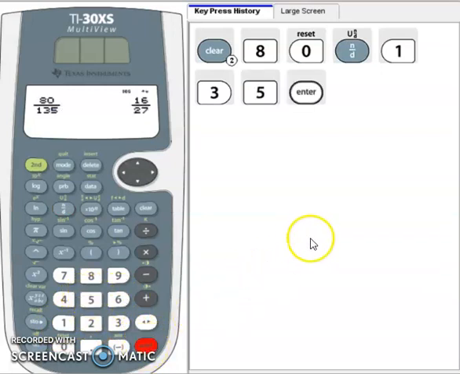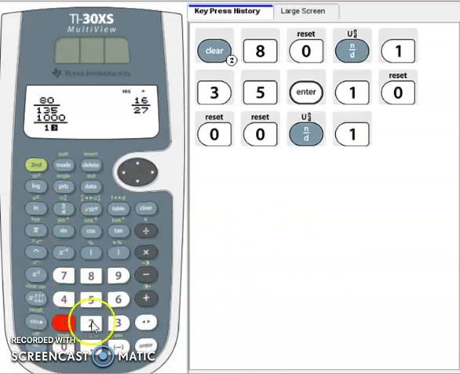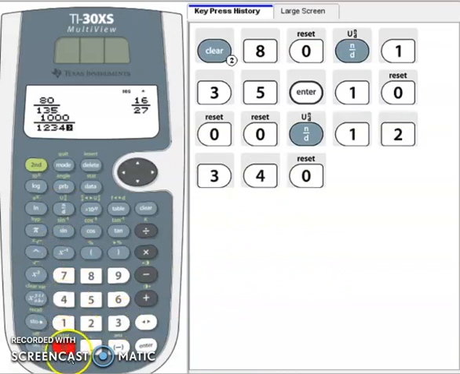When I hit enter, it is going to reduce it for me, so it's 16 over 27. Let's say I want to do 1,000 over 12,340. Hit enter, and it reduces.